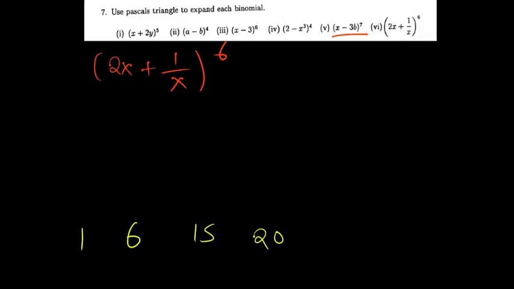let's continue. So the last one, we have 2x plus 1 over x to the power 6. So here we need a 6th expansion. So let me just check my book. So 1, 6, 15. I hope you wrote it down from the start, because that's what I've been using. I wrote it down on my paper.